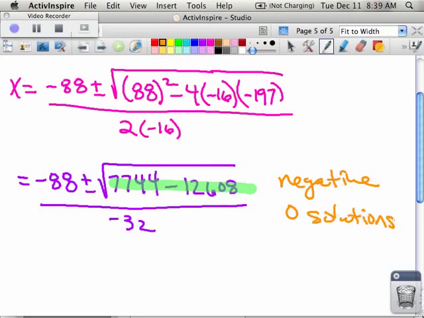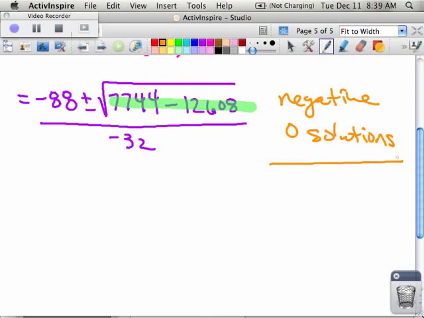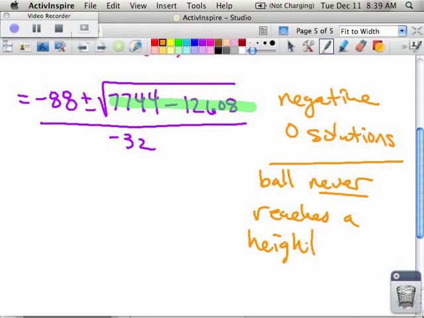Or in other words, the ball never reaches a height of 200 feet. So kind of the nice thing about doing the algebra, if you're going to use algebra, is you could look inside the discriminant and see if you even have any answers.